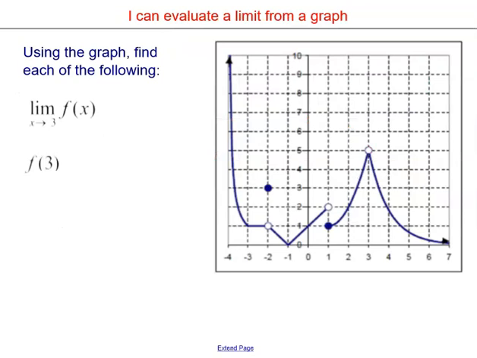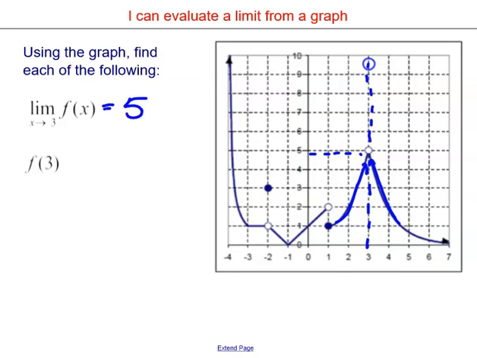All right, so 3. So again, if I'm looking at coming from the right, this is 3. I come from the right, and it seems like it ends up at 5, and I come from the left, and it seems to be approaching 5. So the limit is 5.